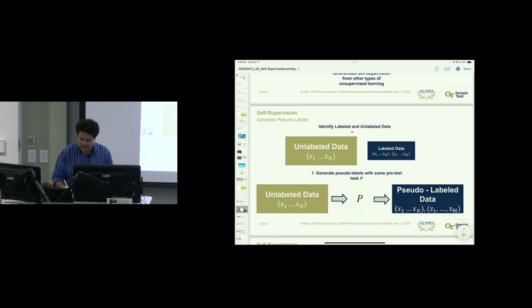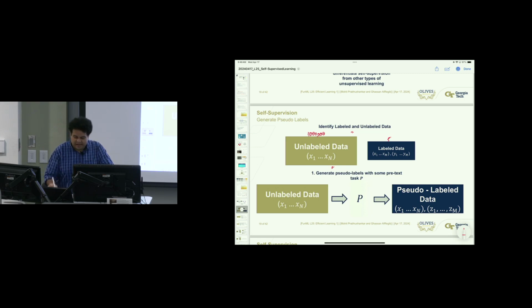So we are assuming that we have 1 million data points, but we only have 5 full labels during our training process. We're going to keep the 5 full labels to the side, and look at the 1 million data points that we have right now.